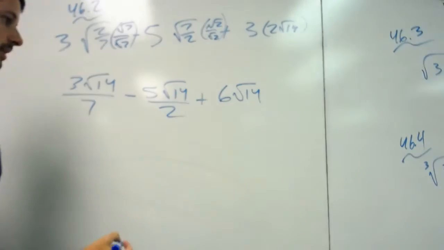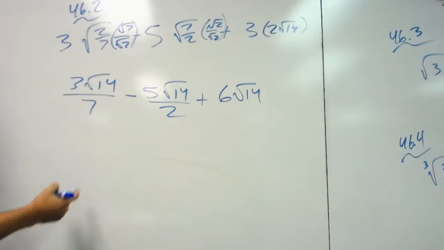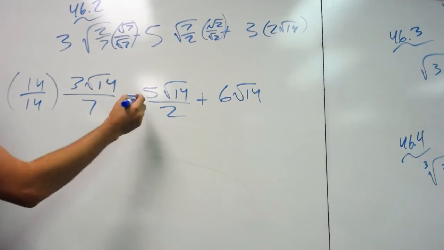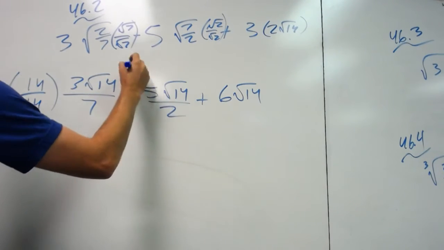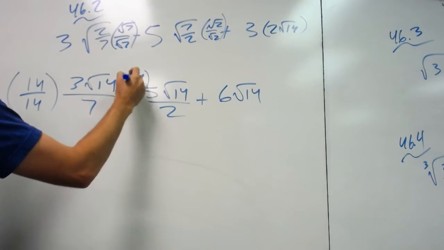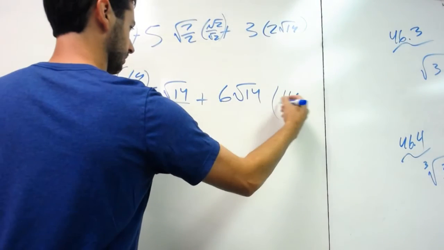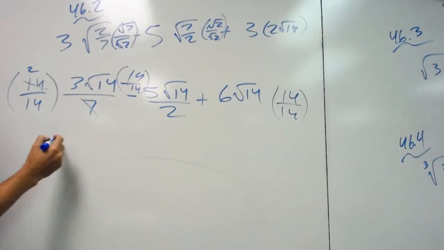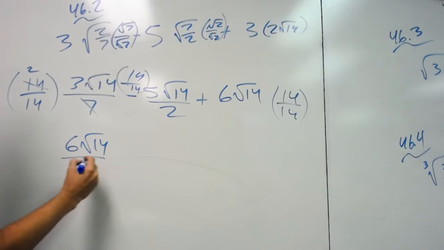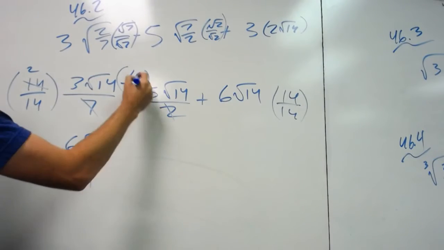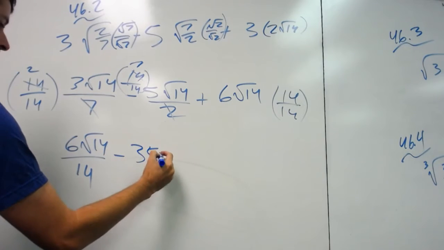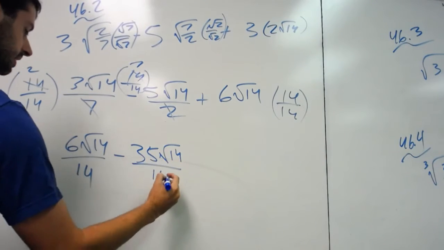And same thing we did in the last one. Find common denominator. Between 7 and 2 is 14. Multiply them all by 14. And you get, that cancels to be 2, so 6 radical 14 over 14. Let's see, that cancels to be 7, so minus 35 radical 14 over 14.